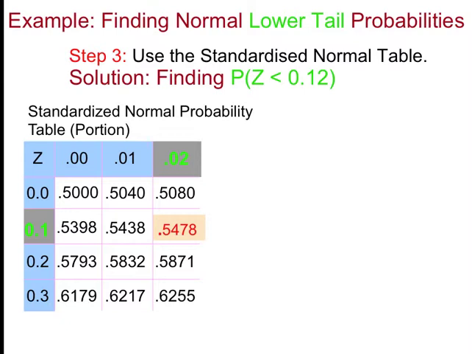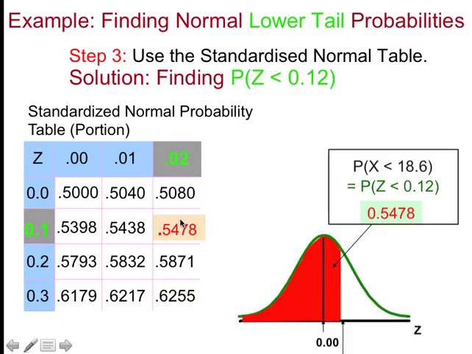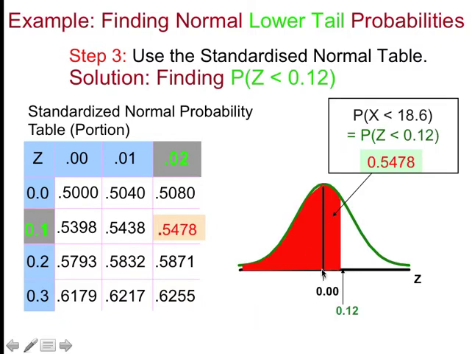On your table, first go to the first column and find the row label 0.1, as shown in the small portion of the table here, and then go to the column labeled 0.02 and find the number 0.5478, which is the area that lies between the z-score of 0.12 and the tail end of the curve, as shown in the red portion of the normal curve here.